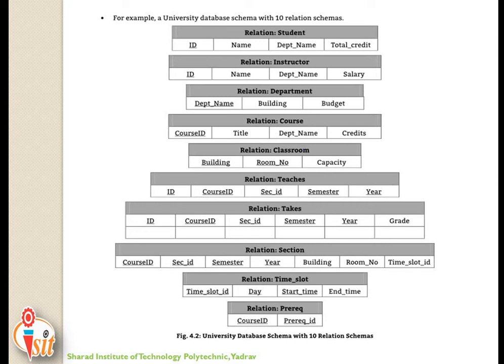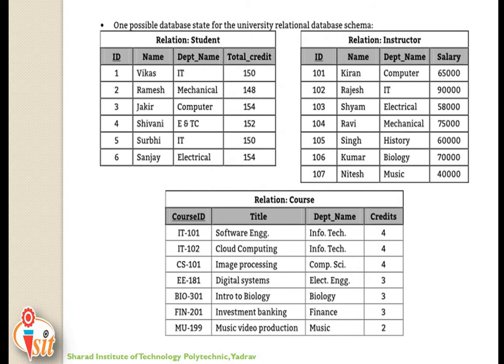Then section includes course ID, section ID, semester, year, building, room number, time slot ID and so on. This diagram shows the university database schema with 10 relation schemas. Here each table, that is each relation, is expanded.